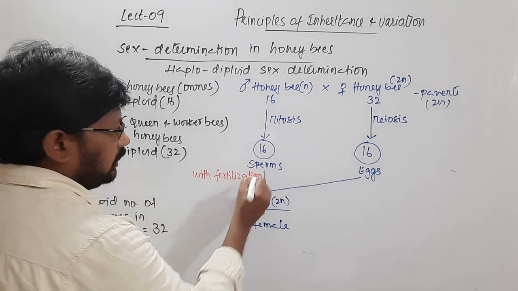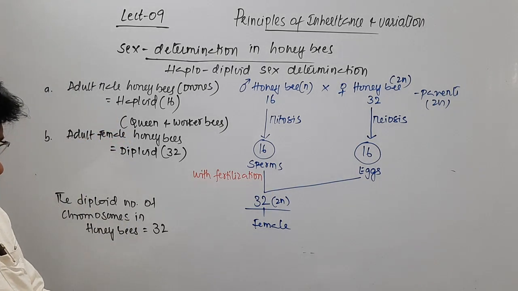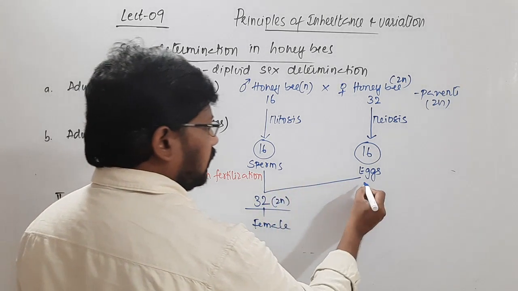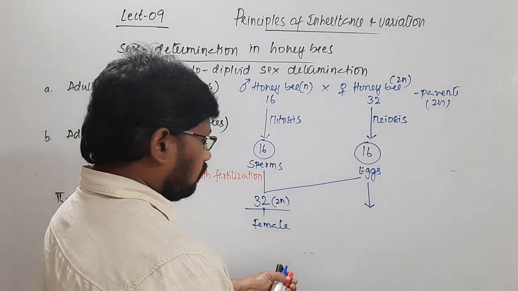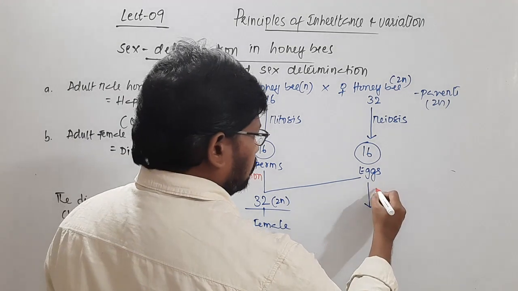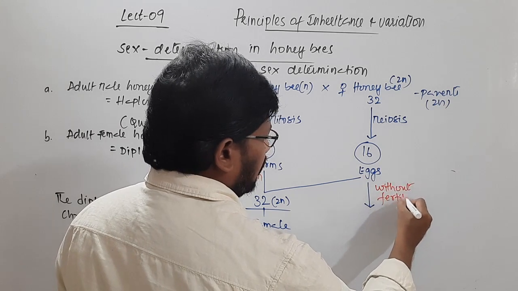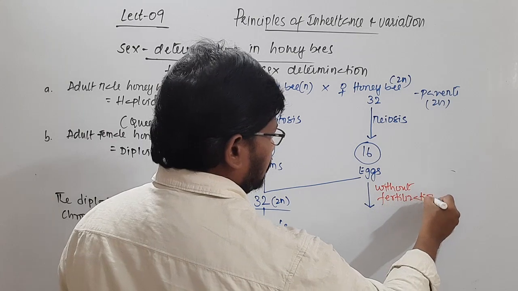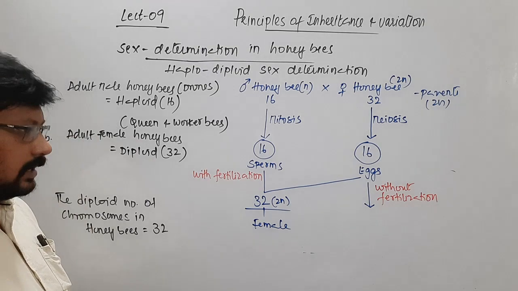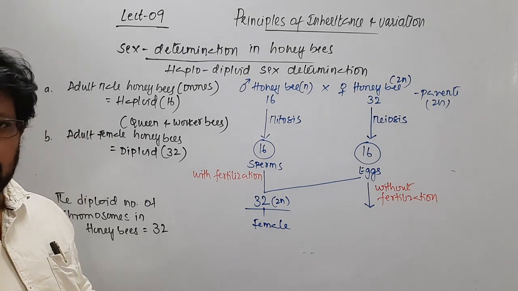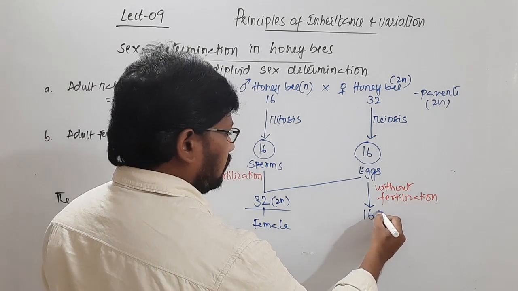So the egg fertilized with the sperm is the condition with fertilization. Now, if no fertilization takes place, these eggs without fertilization are still capable of developing into a new individual, and this will develop into a male.